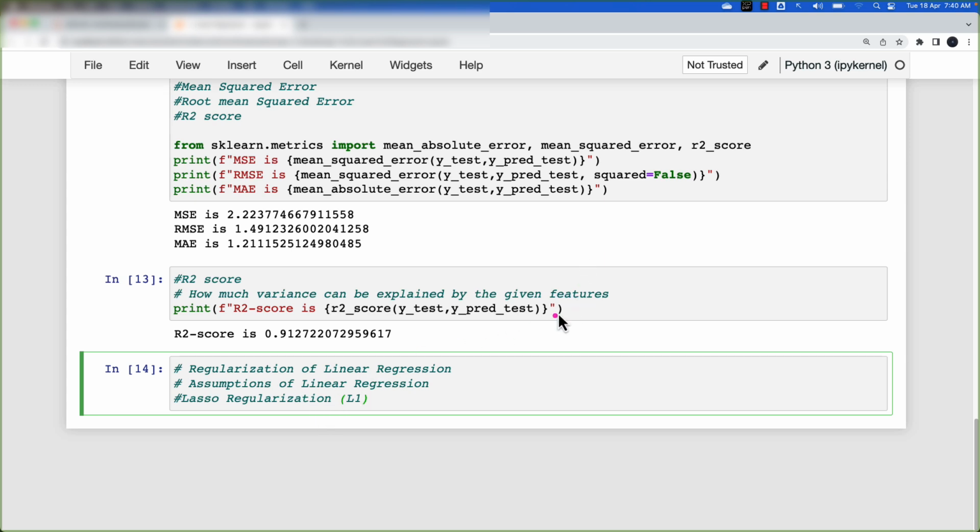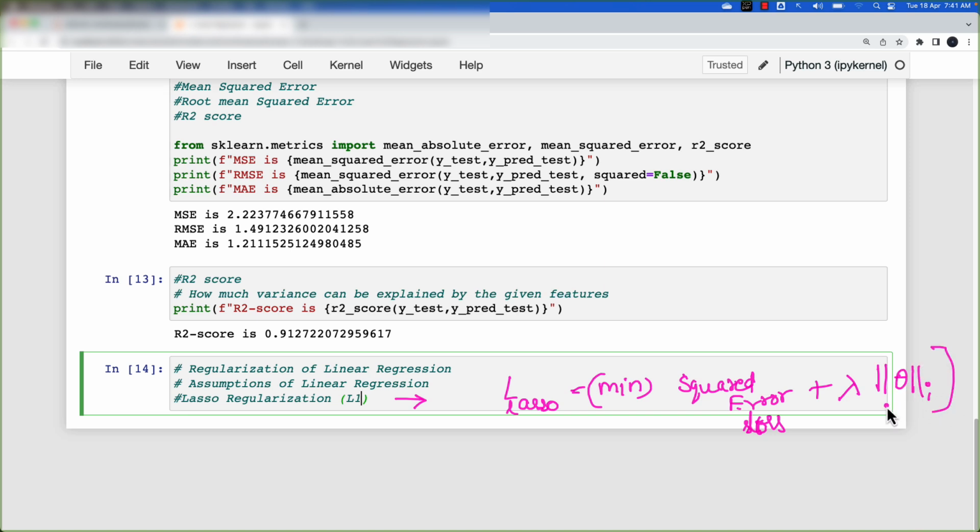In case of this Lasso regularization, the overall idea for the Lasso regression loss function is to find the minimum value of the squared error loss plus lambda times the absolute value of theta.